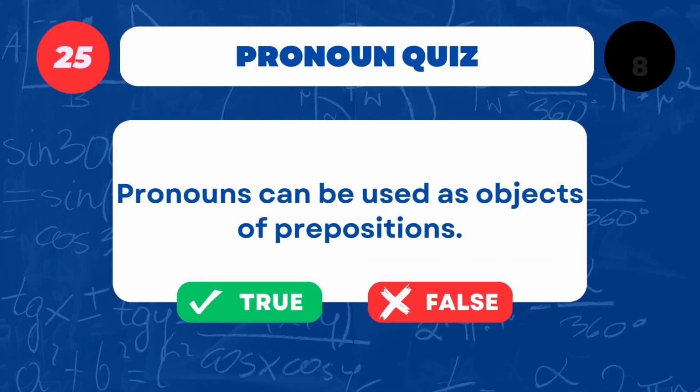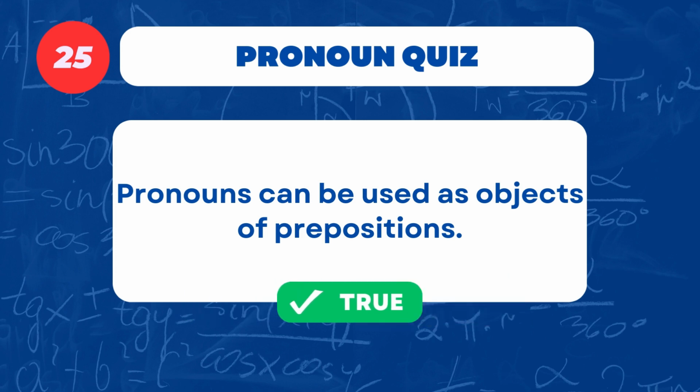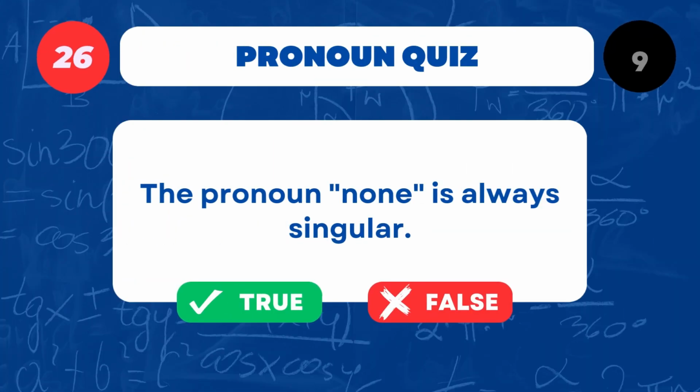Pronouns can be used as objects of preposition. True or false? True. The pronoun none is always singular. False.